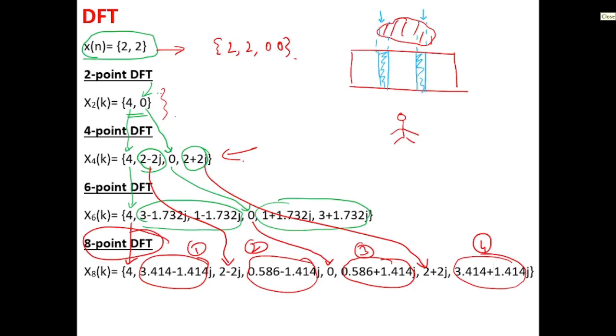Now when I go for the 4-point DFT, I am creating two more strips, say one strip here and another strip here. So what will happen, you are again able to see this extra part, this middle extra part, okay.